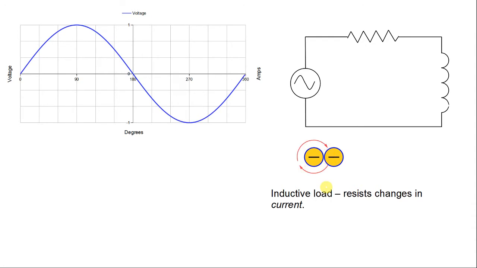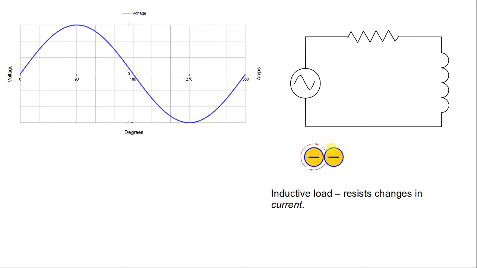You're pointing your thumb into the screen. Your fingers, if you can imagine them wrapping around the conductor, are going to be rotating in a clockwise fashion, and that's why my animation is showing the rotation in a clockwise fashion.